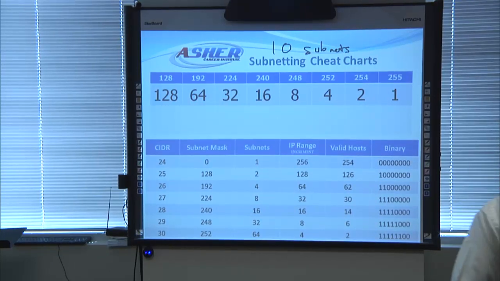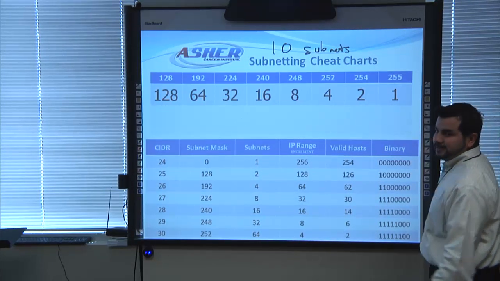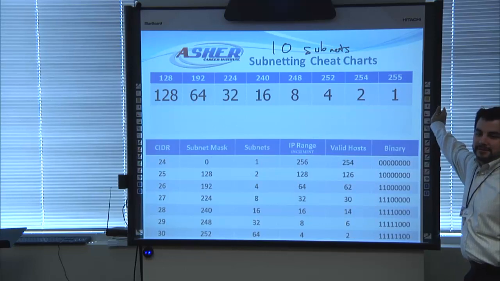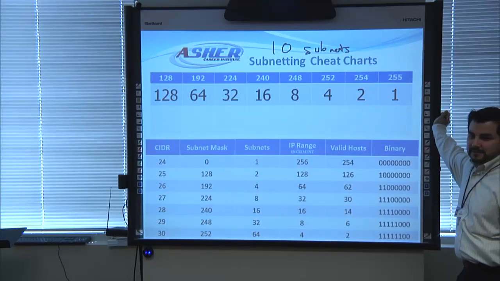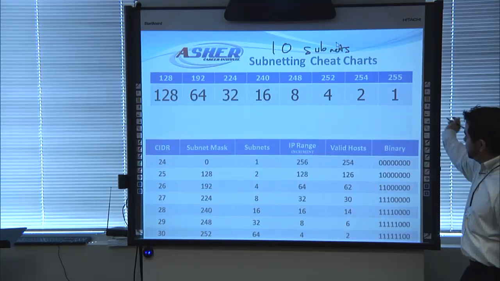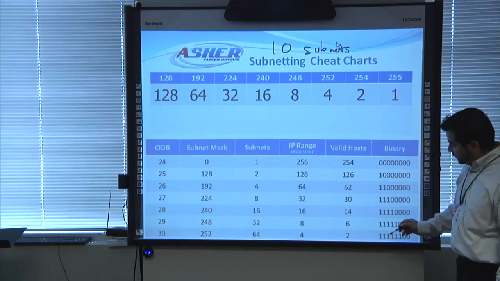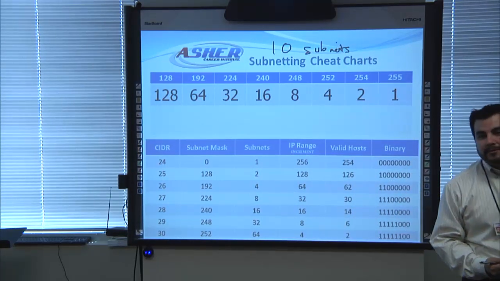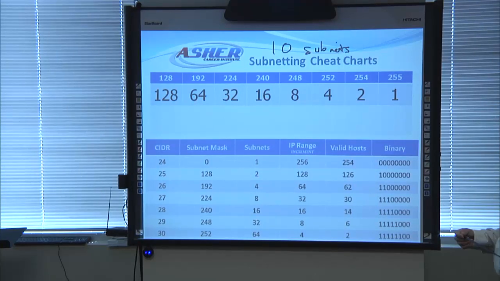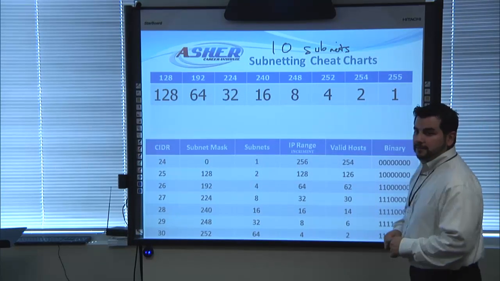I would ask, Bertha, can they do 10 subnets? Yeah. They can? How many bits would they have to borrow to get 10 subnets? Oh, yeah. No? So they can only do 6.